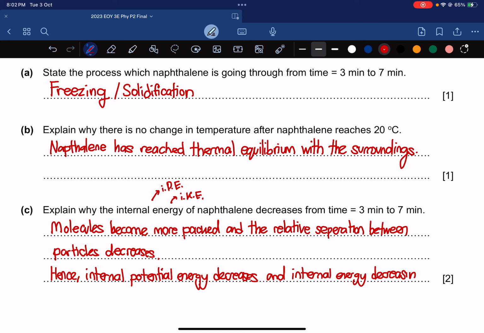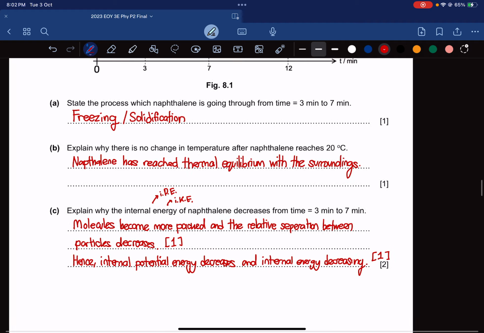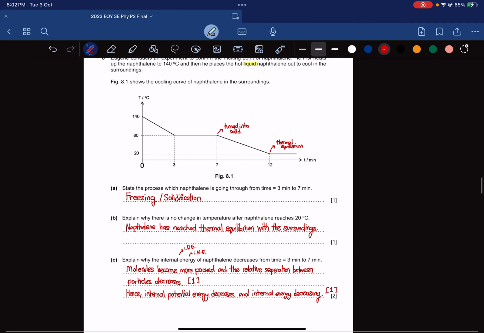So this will be 2 marking points for this question. Stating that the relative separation between particles decreases earns you one mark, and then identifying that internal potential energy decreases will give you the other mark for this question. So this will be all for question 8.